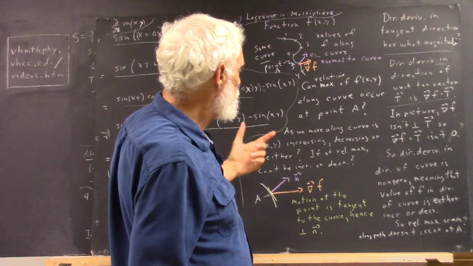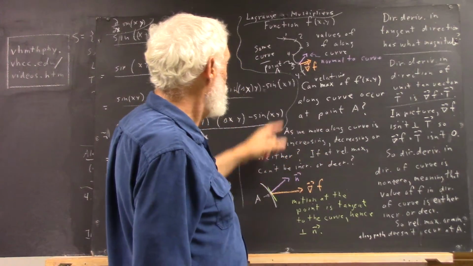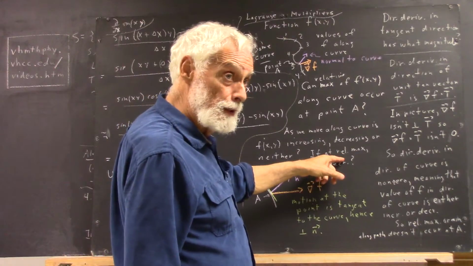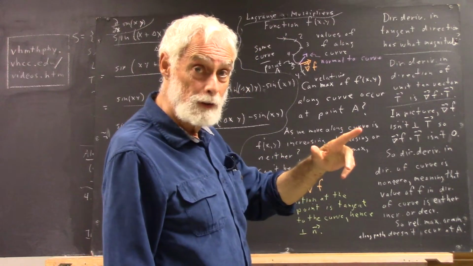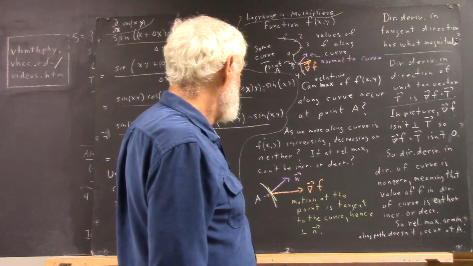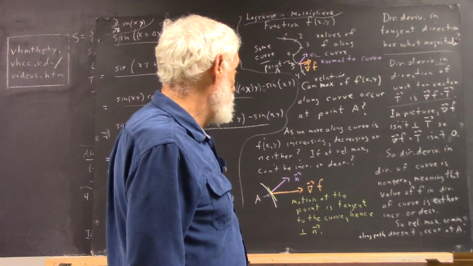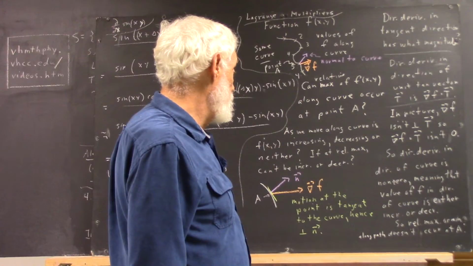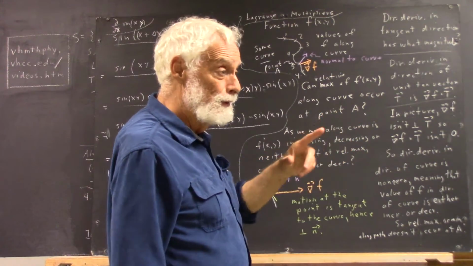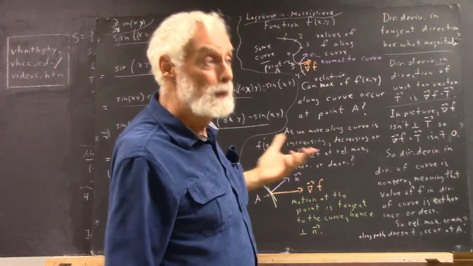If we're at a relative max, it had better not be increasing, because that means if we go just a little further, we get a bigger value. It can't be decreasing, because that means if we go backwards a little bit, we get a bigger value, right?